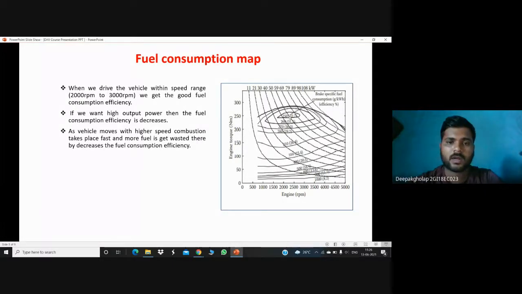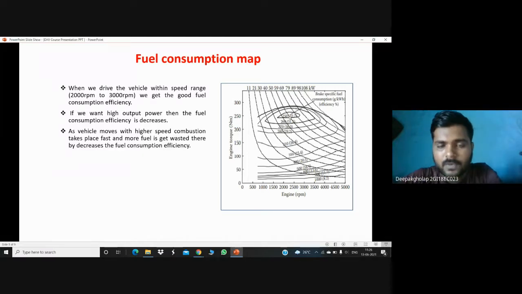As you observe, the output power would be within a range of 70 to 90 in the optimal operating region. If we want to design a vehicle with more power, we have to compromise on the fuel, because if we design the vehicle with more power, it consumes more fuel.